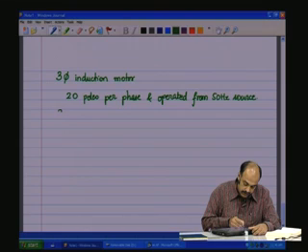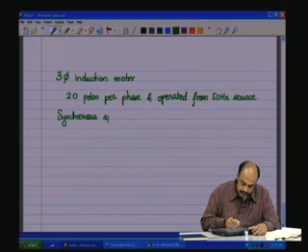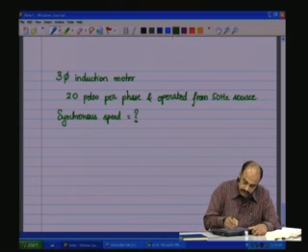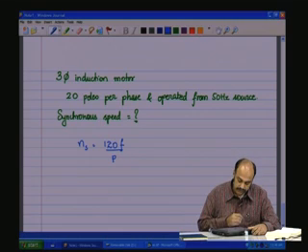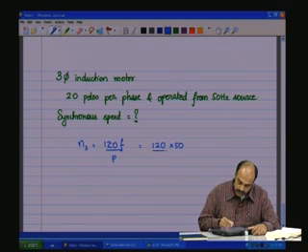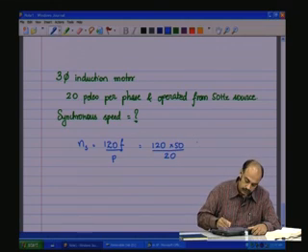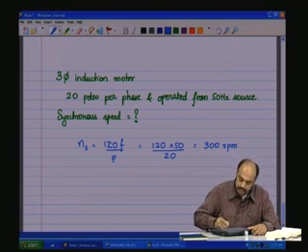Now what is the synchronous speed? We know that Ns in RPM is given by 120 times applied frequency by P, where P is the number of poles per phase. So this will be 120 into 50 divided by 20. So that is 300 RPM, revolutions per minute.